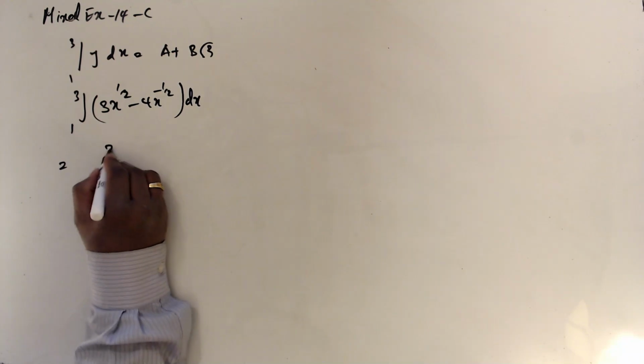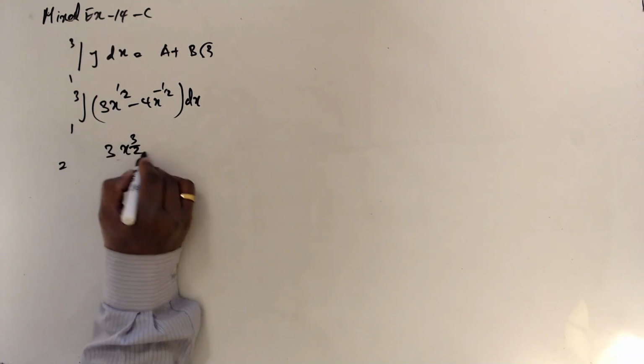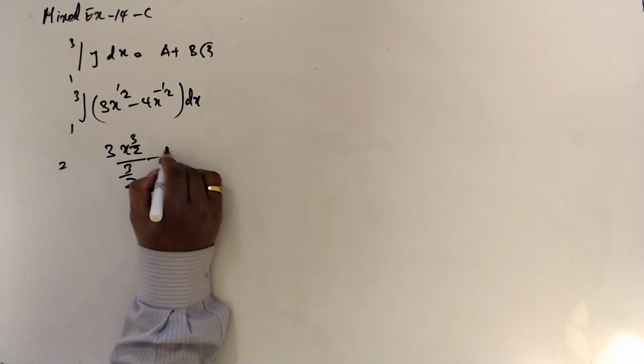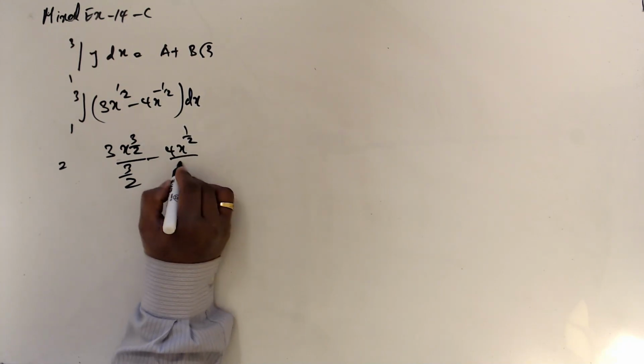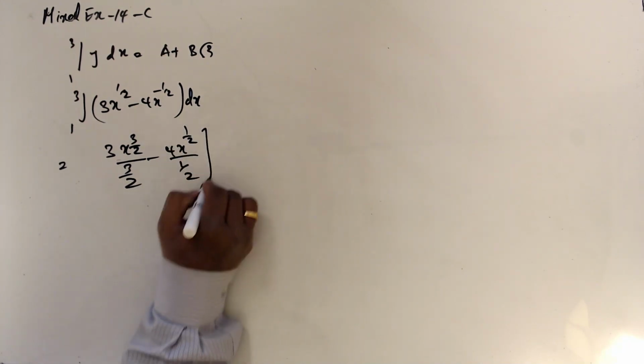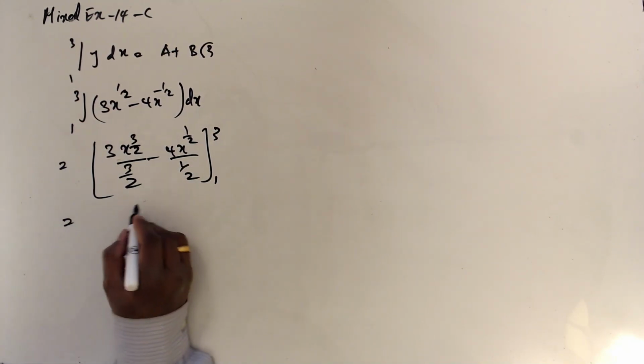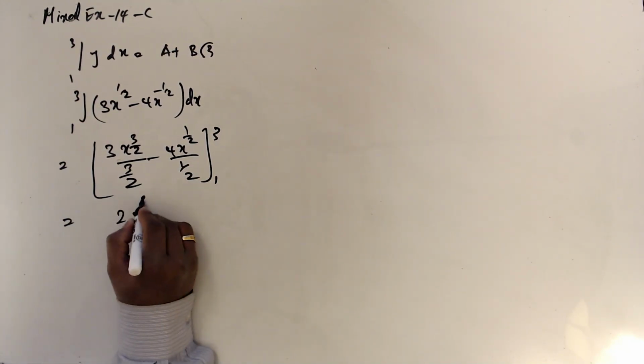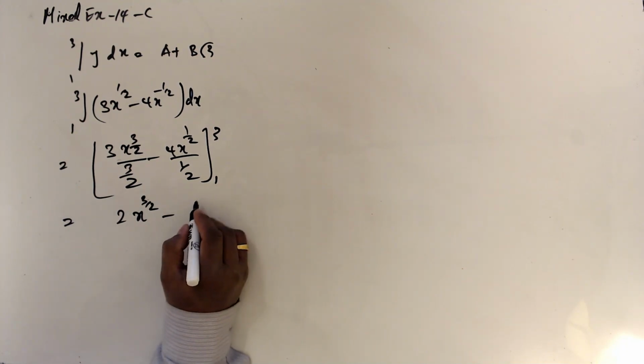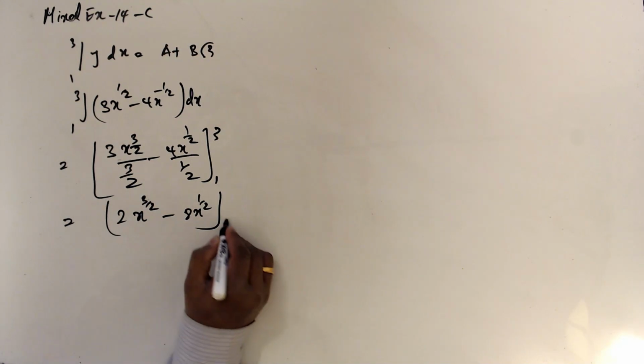So this is 3x^(3/2) over 3/2 minus 4x^(1/2) over 1/2, from 1 to 3. So this is 2x^(3/2) minus 8x^(1/2), from 1 to 3.